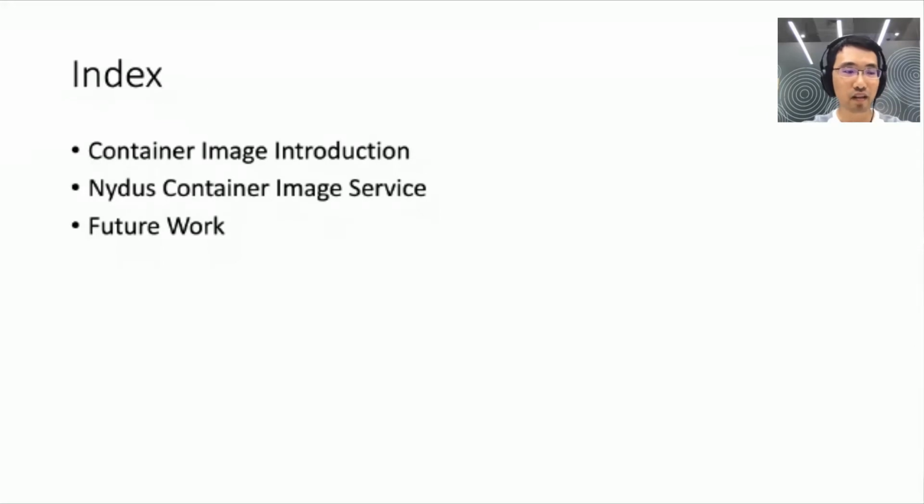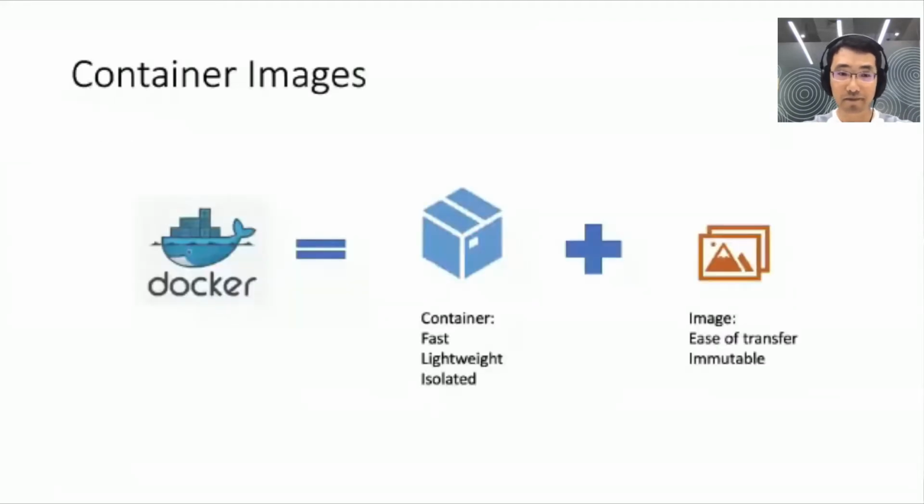So first, the container image. When we look at Docker, we mostly separate it into two things. The first one is the container. It is fast, lightweight, and isolated. That is how we run an application in a container. Another thing is the immutable part of the container that is called an image.